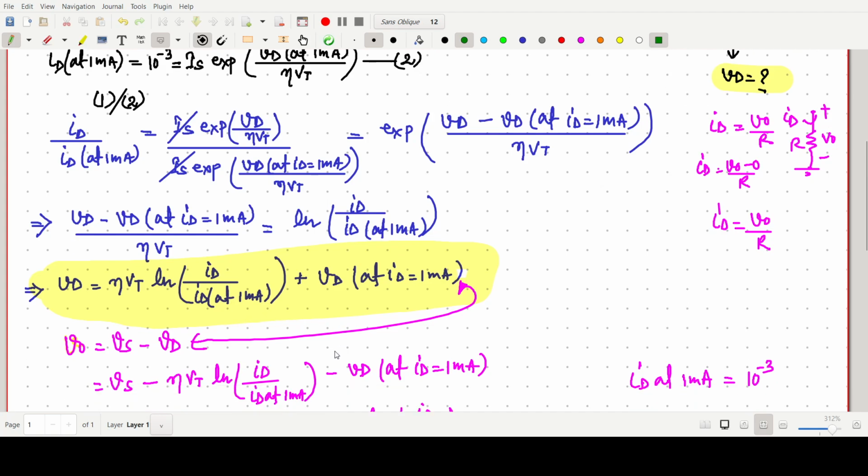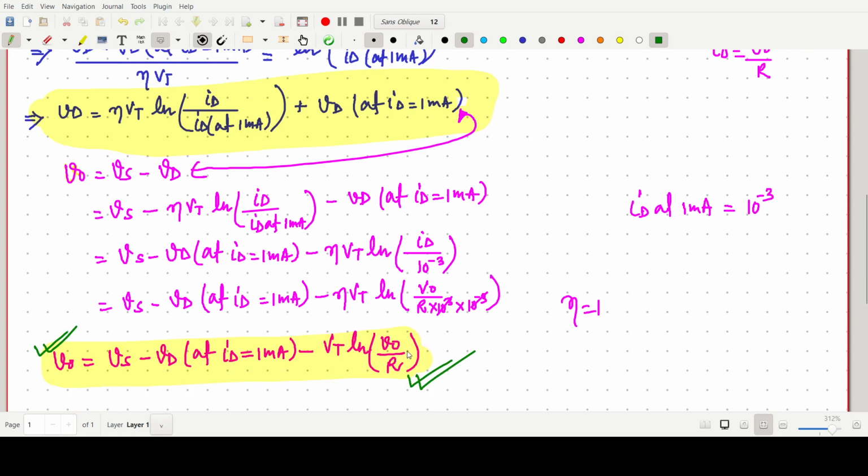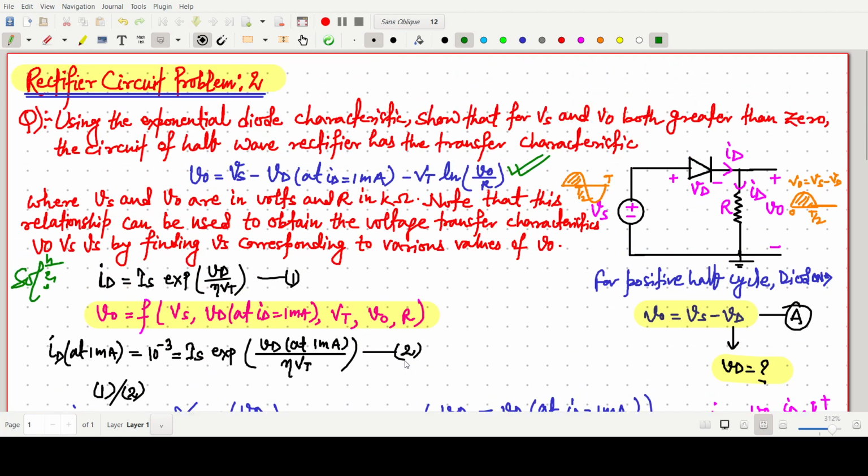After putting all these things in step by step, we finally get V naught equals Vs minus Vd at Id 1 milliampere minus Vt ln V naught by R. This is the transfer characteristic expression between Vs and V naught. So this is all about this question.